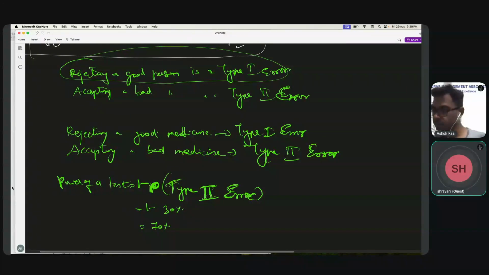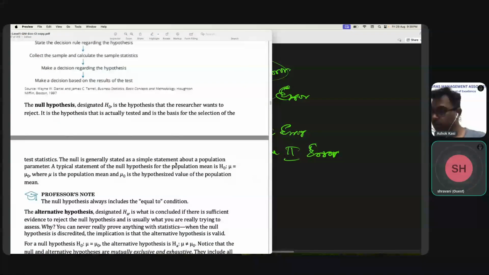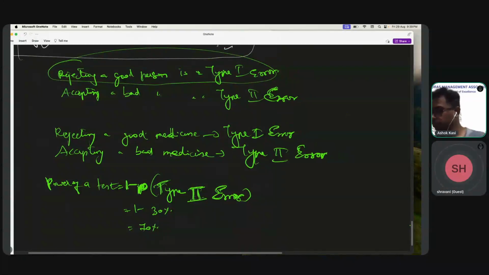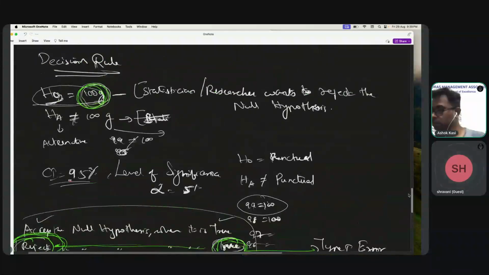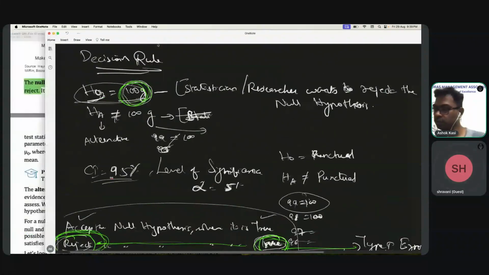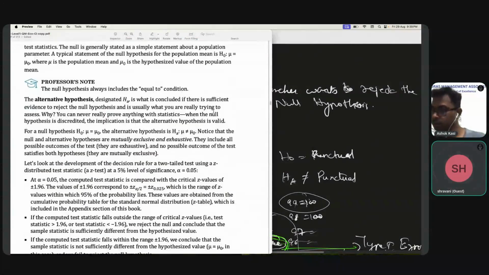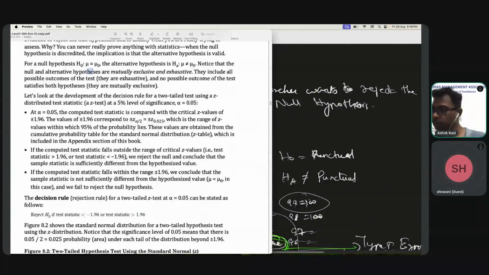These are some of the terminology that you should know. Null is what the researcher wants to reject. Then all this you don't have to read.